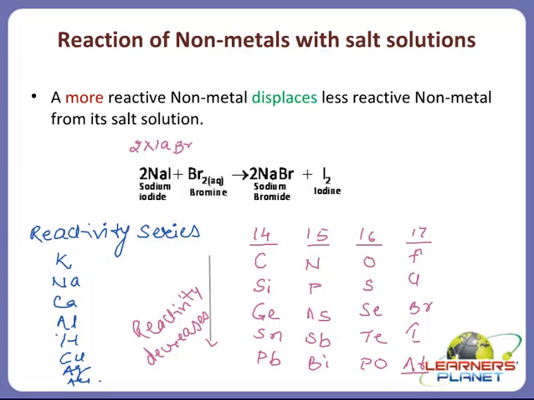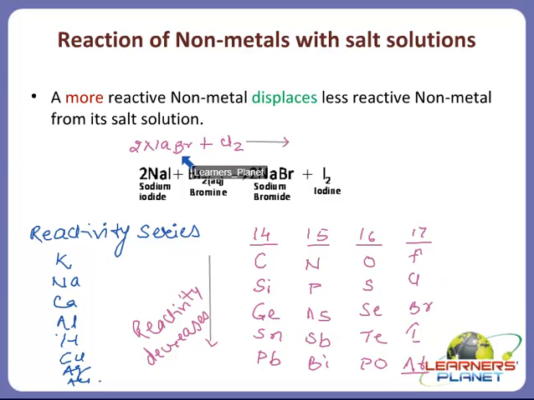I can also write it as an equation: 2NaBr, that is your sodium bromide, plus Cl2, that is your chlorine. Which is more reactive? Just check from the reactivity series. Chlorine or bromine, which is lying above? Chlorine is lying above, so chlorine is more reactive than bromine. So what will this chlorine do?